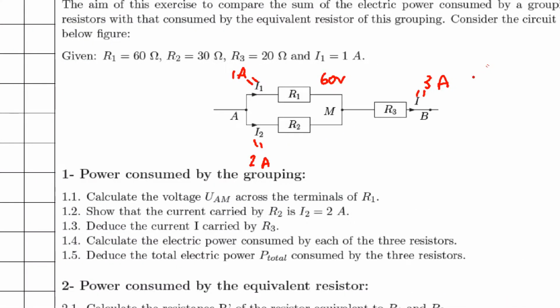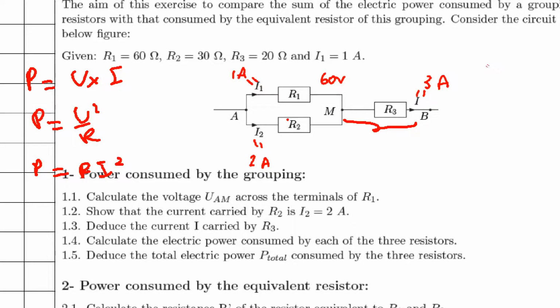But notice that we don't know the voltage UMB across R3. But the important thing is that we are calculating the power across a resistor, and we know that a power across a resistor has 3 different forms, and they are given by P is equal to U multiplied by I, P is equal to U square divided by R, or even P is equal to Ri square.